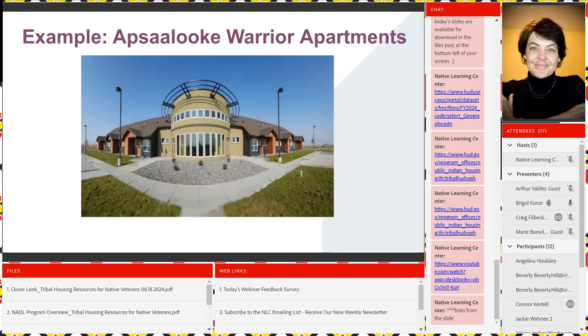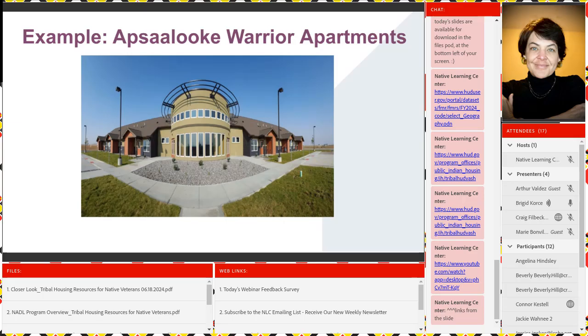So one of the programs I wanted to talk about was the Psalika Warrior Apartments. That is at Crow Agency, Montana. They decided they wanted to do a veterans program, a veterans apartment building. And they built this beautiful apartment building using low-income housing tax credits from the state of Montana in anticipation of the Tribal HUD-VASH program coming out.